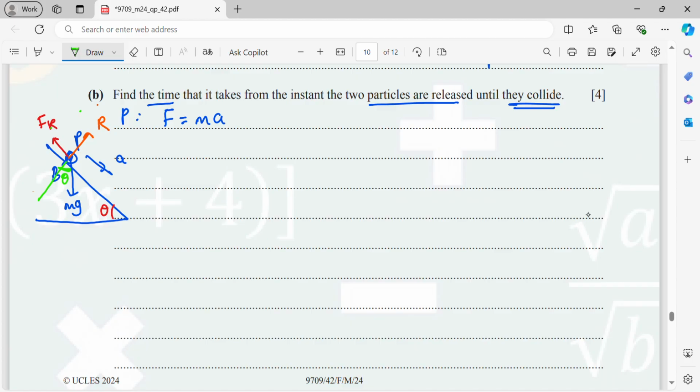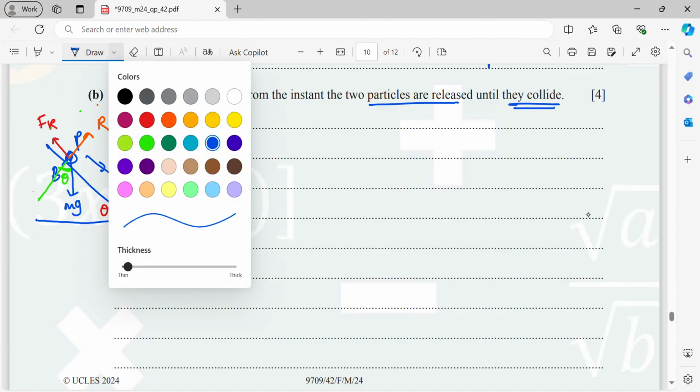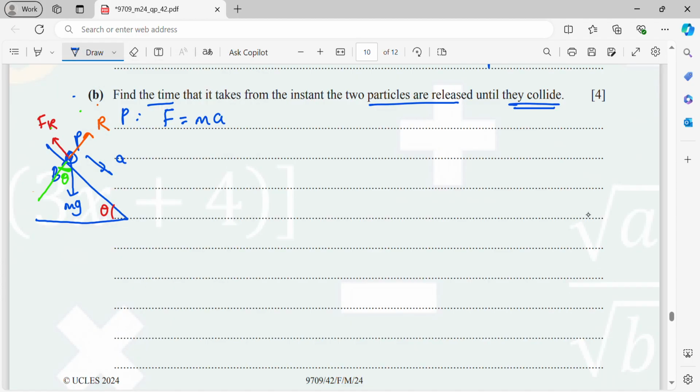Okay, so now I know that sine theta equals 0.6, right? So from here, I will consider Newton's second law, going down in this direction, F equals MA.